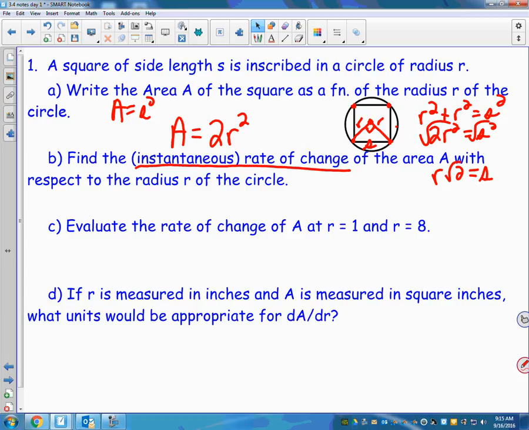So I'm going to say dA over dr, the rate of change of the area with respect to the radius of the circle. So Connor, what's the derivative of 2r squared? 4r.